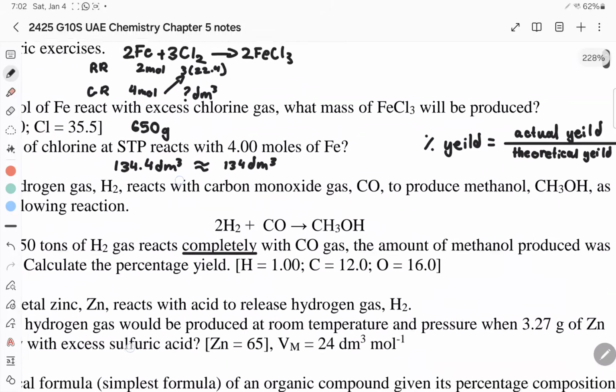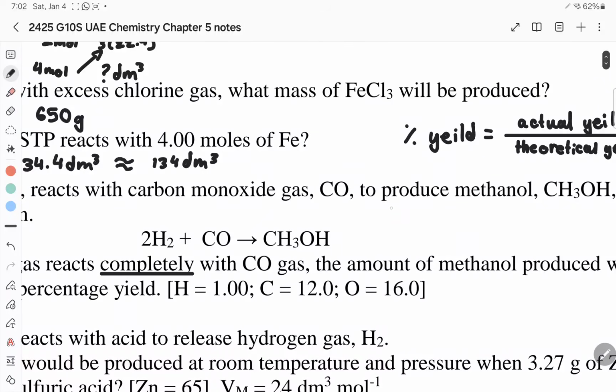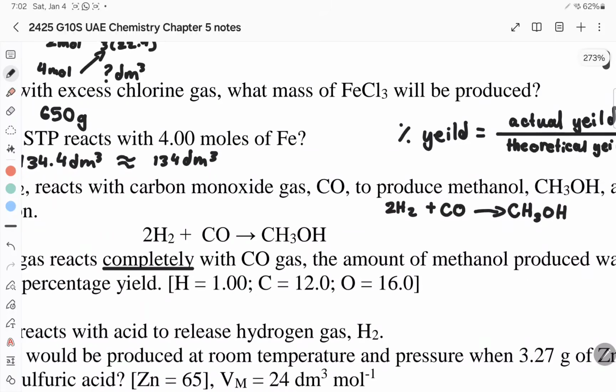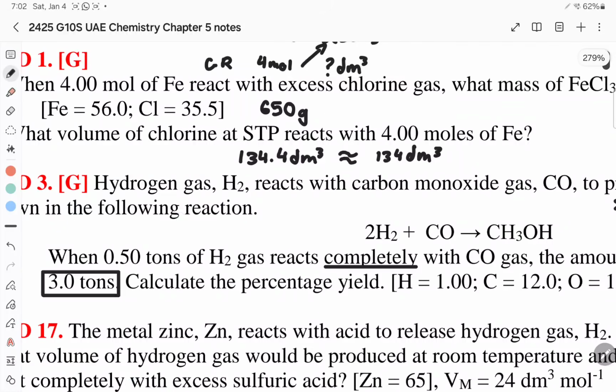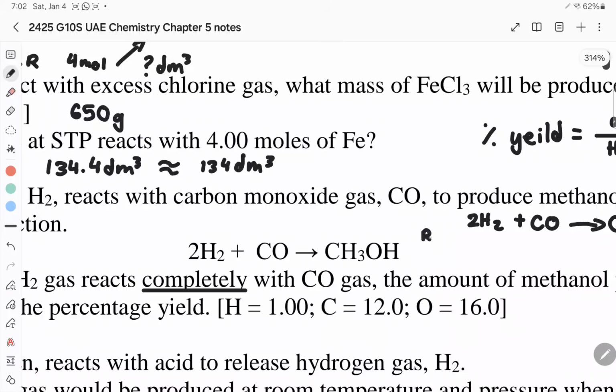So let's rewrite our equation up here so we can do our RGR to find our theoretical yield. So 2H2 plus CO produces CH3OH. We know we have 0.50 tons of hydrogen. This is our given ratio, so reacting ratio, given ratio.